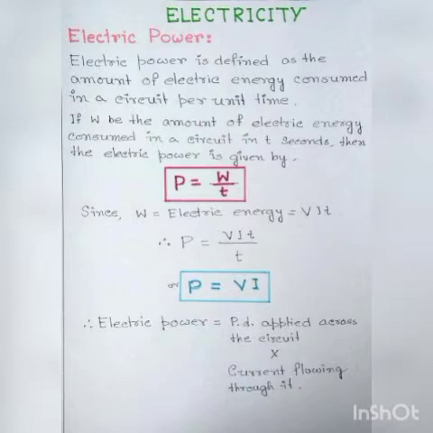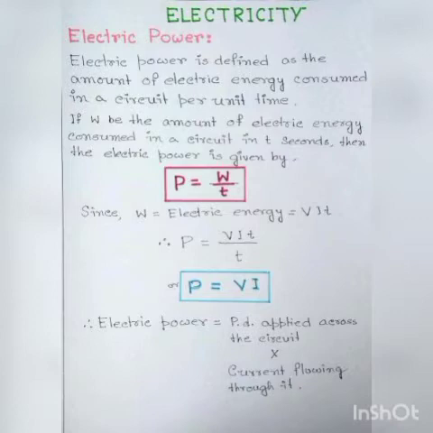If W is the amount of electric energy consumed in a circuit in T seconds, then the electric power is given by P equals W by T. Since W is equal to electric energy, that is VIT, therefore P equals VIT by T. Here we can cancel out T, so P equals VI.